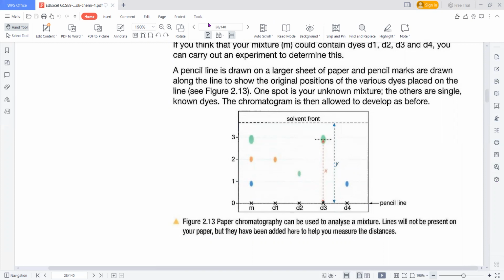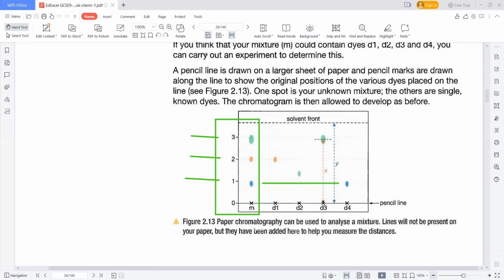You should be clear with the standard. If there is ink number one, or blue colored ink, it should reach point number one. This is point number two for this one. So that is the standard for all dyes reaching right there. If this mixture contains any blue colored ink, it should reach there.